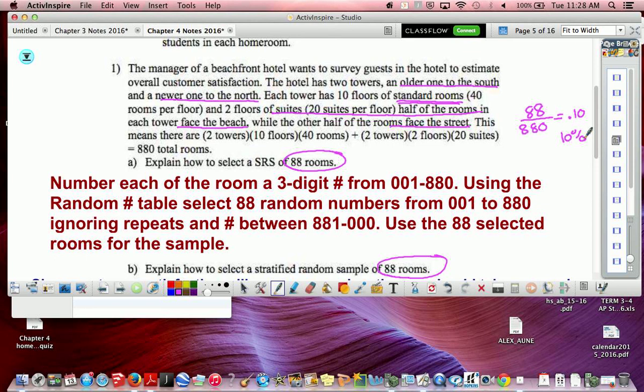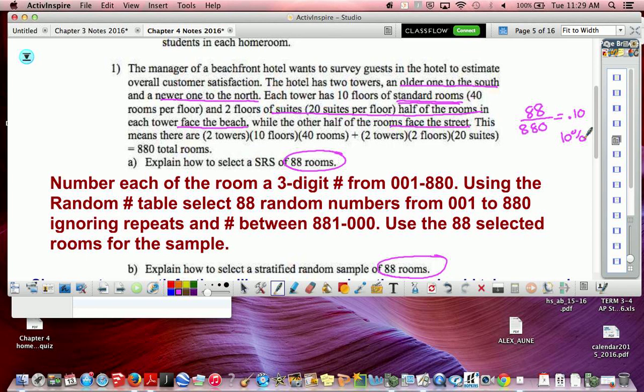So if I think of these standard rooms, I know that in each tower, I have 10 floors of 40 rooms, so I have 400 rooms. But half those rooms face the beach, half those rooms face the street. So there's 200 standard rooms that either face the beach or the street that are in the new tower or the old tower.